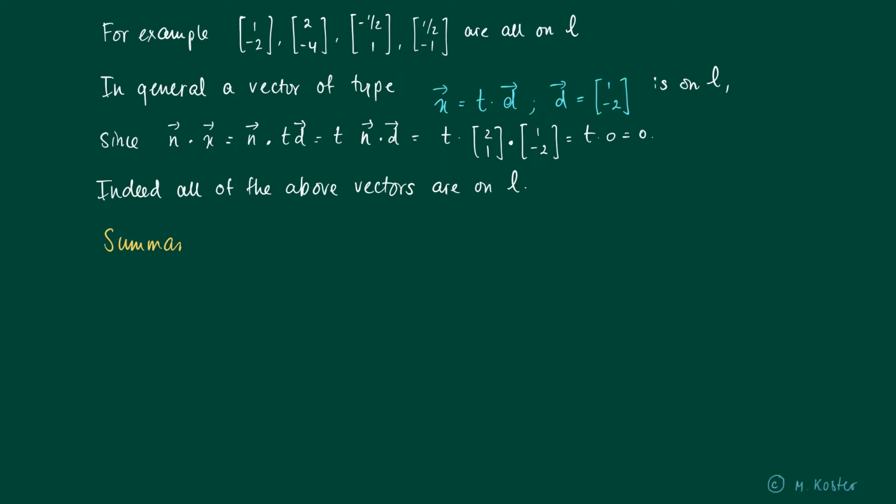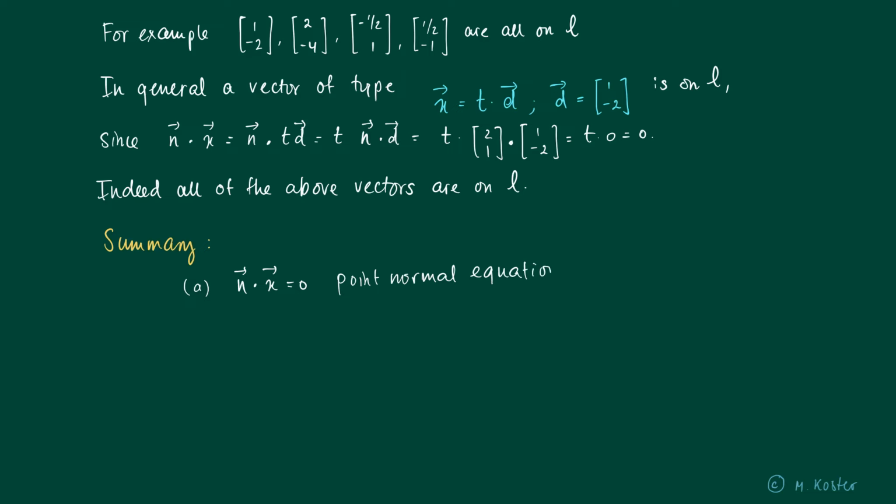So in summary, we found two different descriptions of the same line. One is that the line consists of all vectors that are orthogonal to a vector we will call the normal vector of the line.